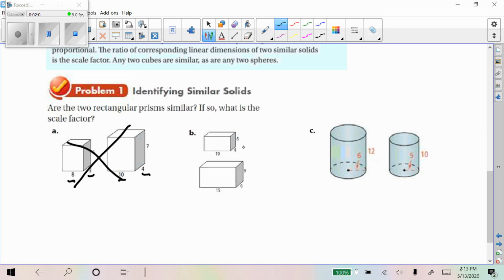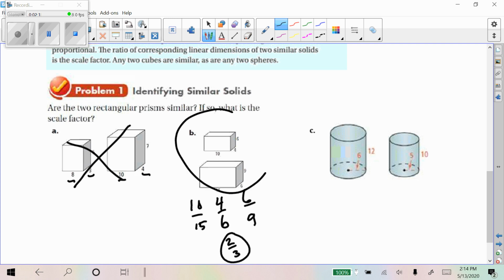This one, we have 10 to 15, 4 to 6, and 6 to 9. All of those simplify to 2/3. These are similar. And the scale factor is 2 to 3, the small to the big.